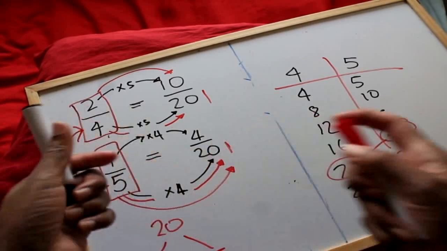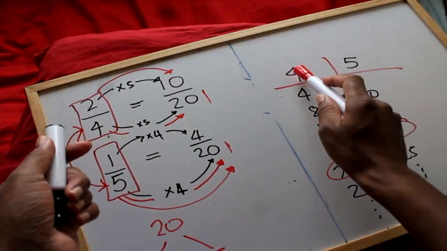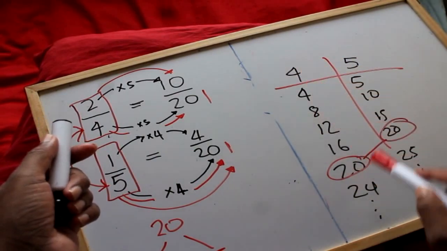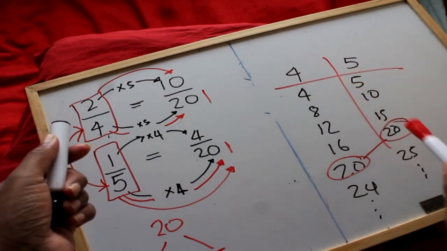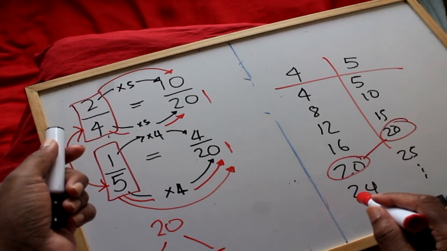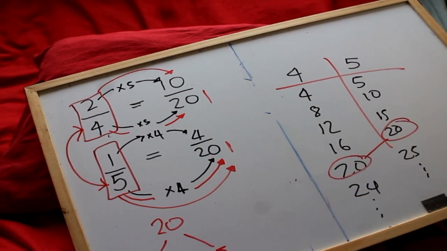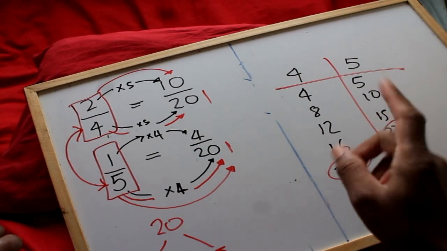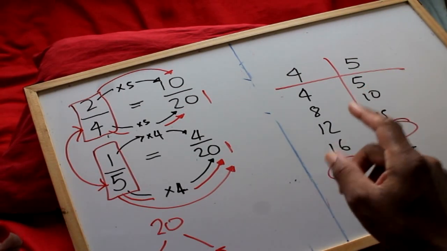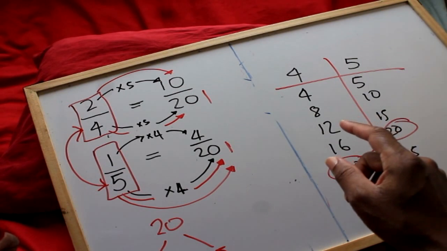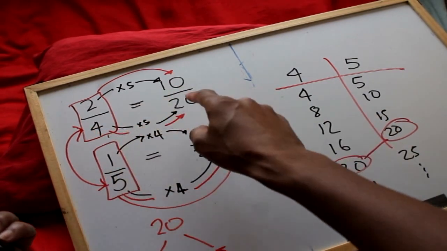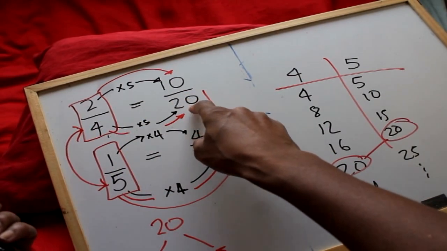And actually how you do that is by writing out a list of all the multiples of 4 and all the multiples of 5 and finding the lowest common multiple. Once you've found that lowest common multiple, you have to ask yourself, how many times do I have to multiply the denominator in the first fraction to get the lowest common multiple?